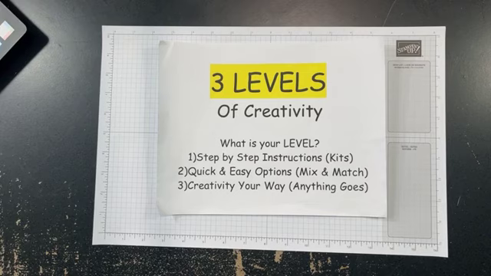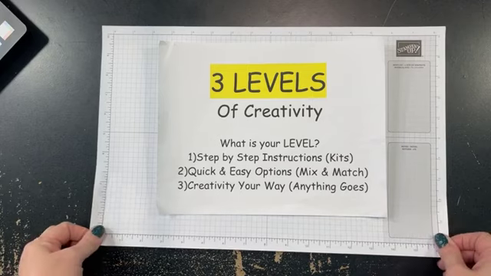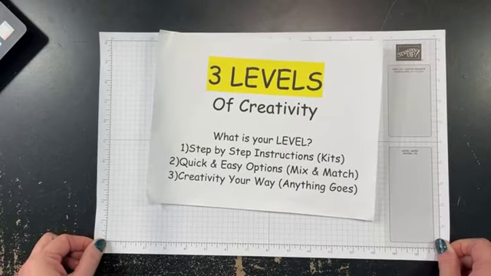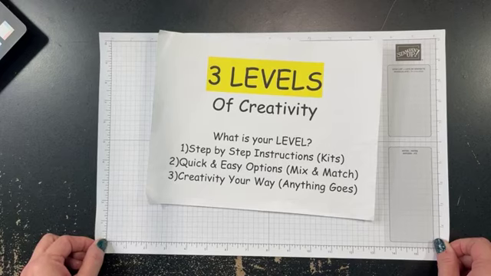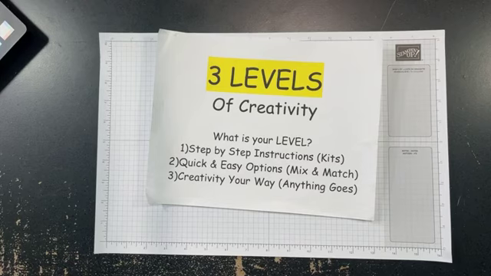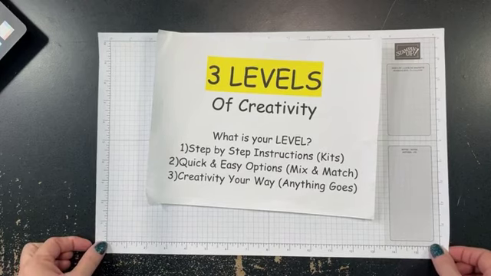And then we also have the advanced card maker, scrapbooker, the anything goes, pretty much the majority of our catalog, creativity your way. And the catalog does split that into the 3 different areas. Sorry, I'm a little cockeyed. I'm gonna try to fix that. So if you ever need help finding anything in the catalog, just reach out, send me a Facebook message, let me know, and I'm here to help. That's my job. That's why I'm here.